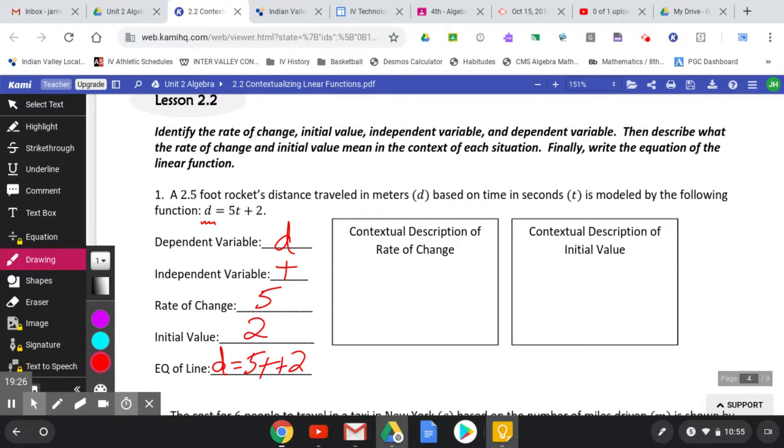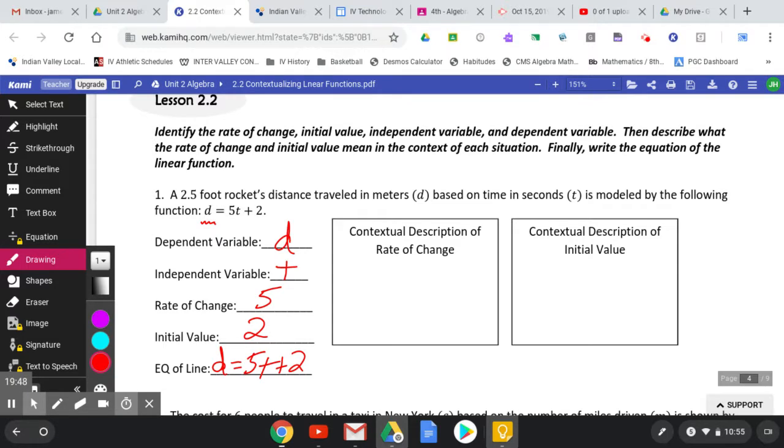All right, now wait a minute. Stay with me. What is changing? The time. No. The distance traveled. The distance in time. So my rate of change is 5 meters per second.